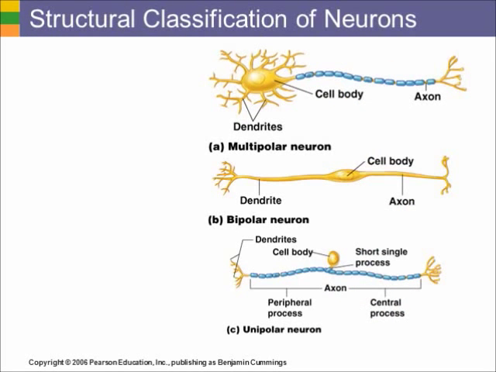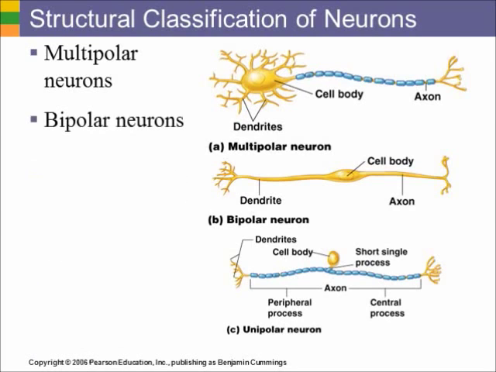Now, up till now, I've been using an example of a multipolar neuron right up here. Multipolar. Lots of dendrites, one cell body, one axon, all the way out. Remember, multipolar neurons are the most numerous neurons in your body, mostly because they're the ones that are going to make up most of the cerebral cortex. Most of your brain is made up of these kinds of cells.